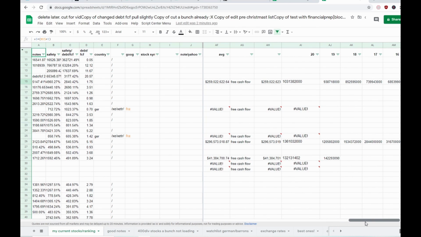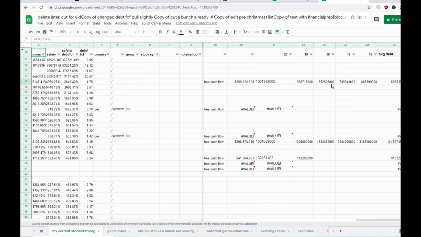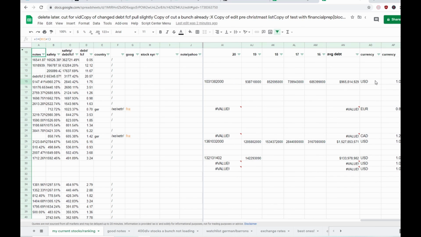Then I build an average of the debt, and I assign a higher value to the current debt compared to the debt from before, but I'm still building an average with the most recent one having the strongest influence on the average debt. And I transform all of my currencies. If it's a euro or Canadian dollar, then I transform all of the values into US dollars with the exchange rate.